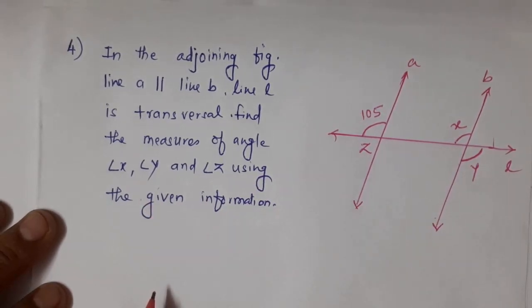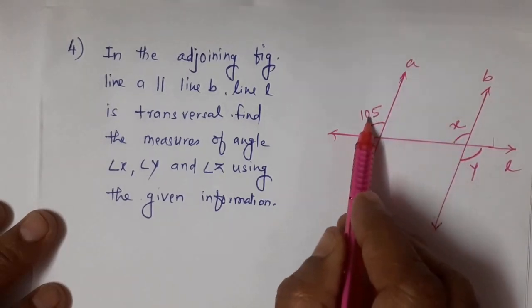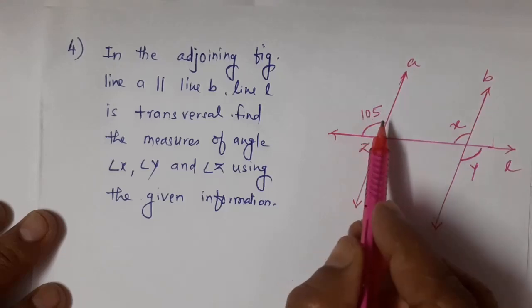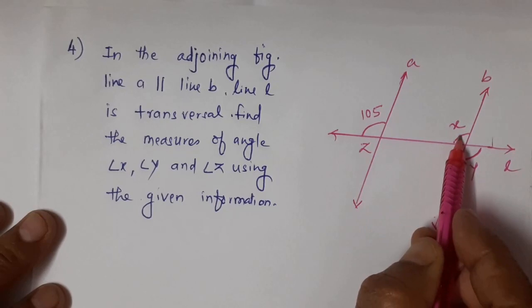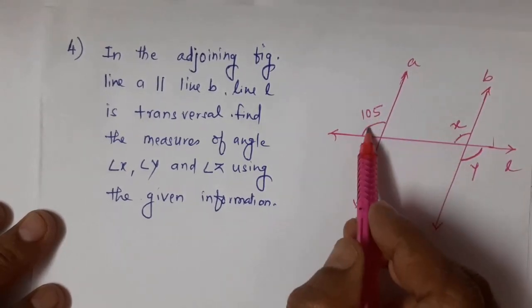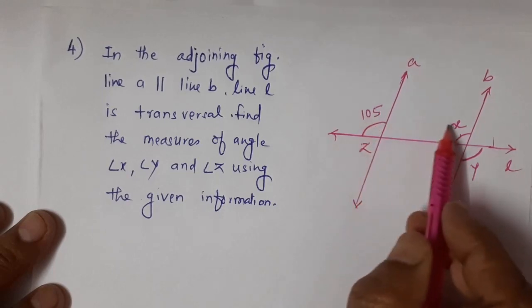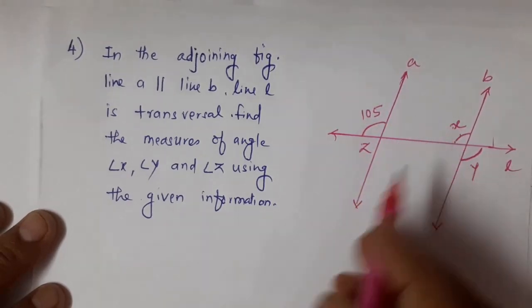First of all, you have to find X. What are X and this 105? According to the rule of corresponding angles, both angles are congruent. If this measure is 105, the measure of X is also 105.